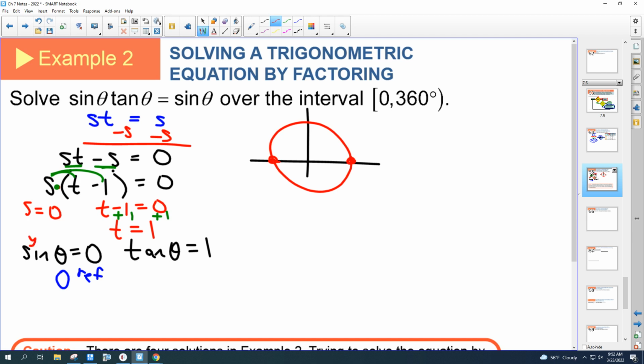I've got two different places where the y coordinate equals 0. Here's 1, 0, and here's negative 1, 0. I've got a 0 degree angle and 180. 0 and 180.